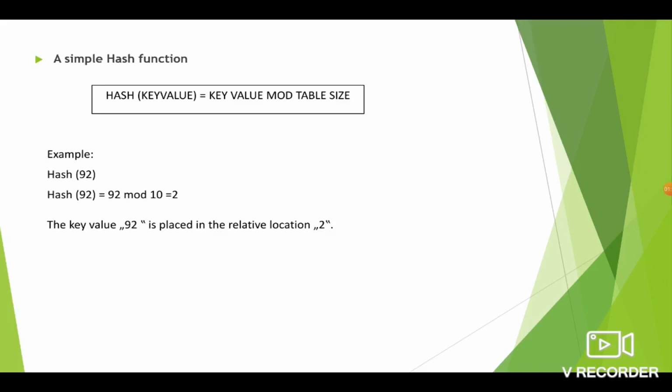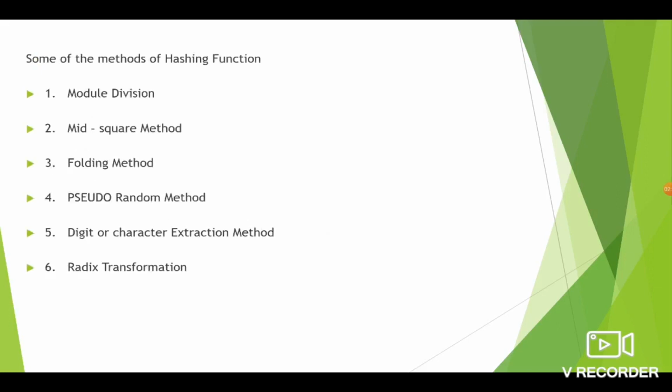Here the table size is 10. So 92 modulus 10, we will get the value 2. Which means that the key value 92 is placed in the relative location 2. So this is what is happening in the hashing function.